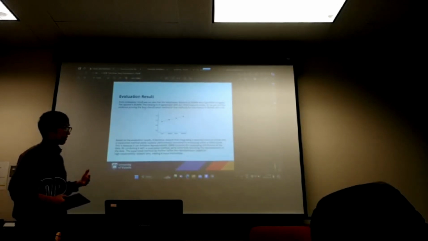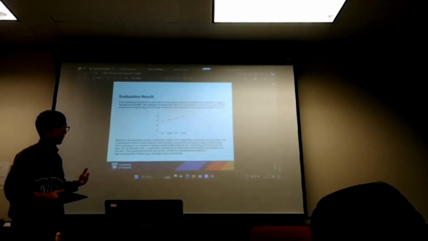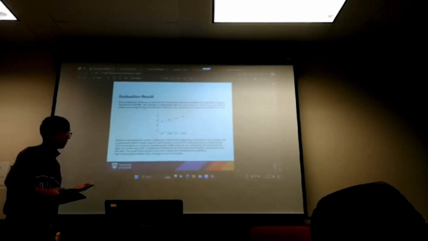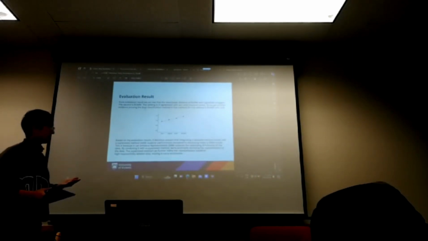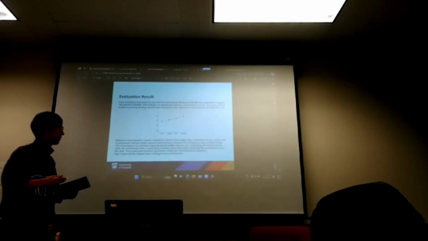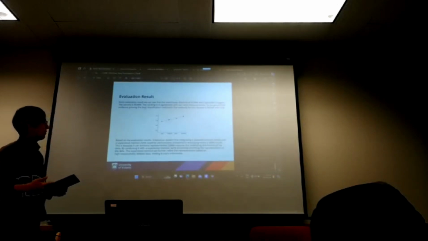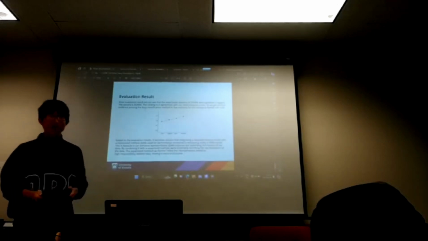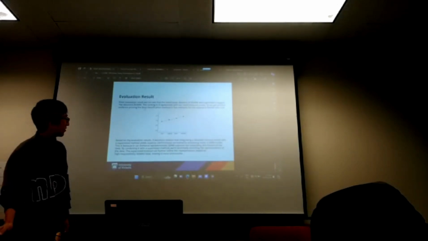It means that compared to just one single unsupervised method, if we combine it with a supervised algorithm, it may have better performance. That's all.